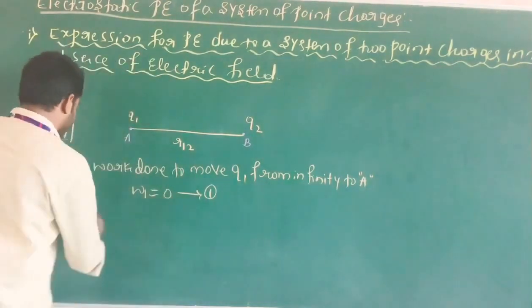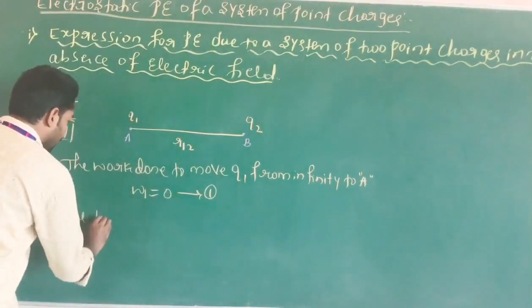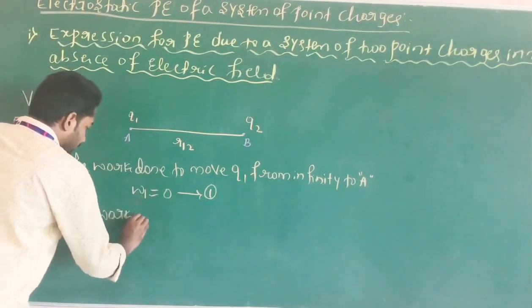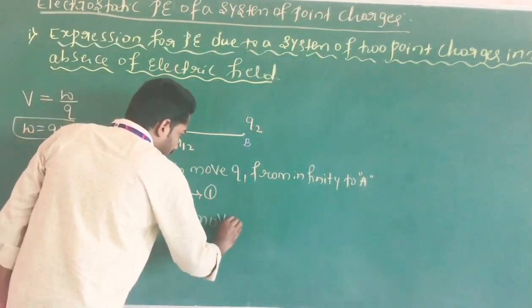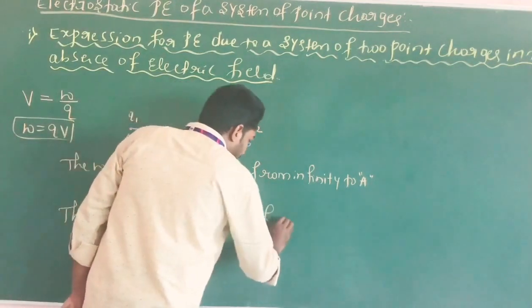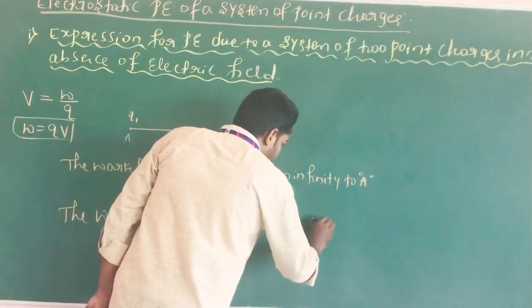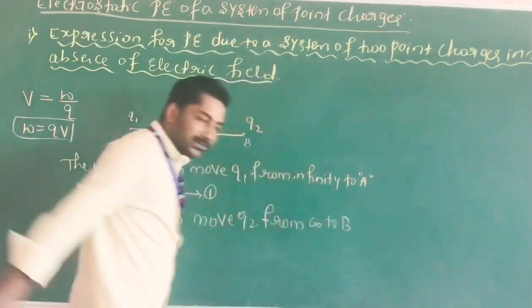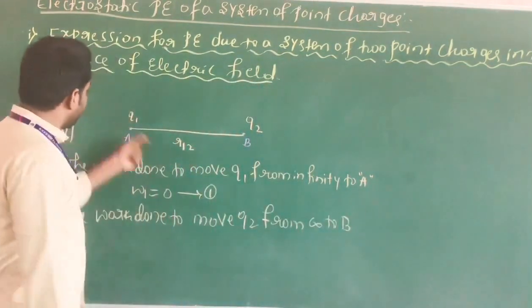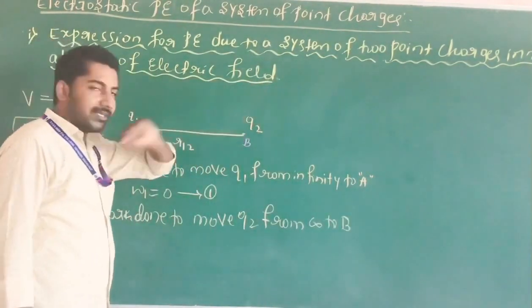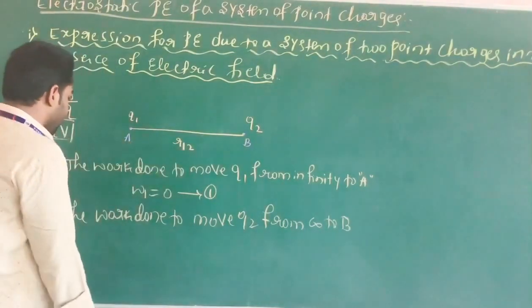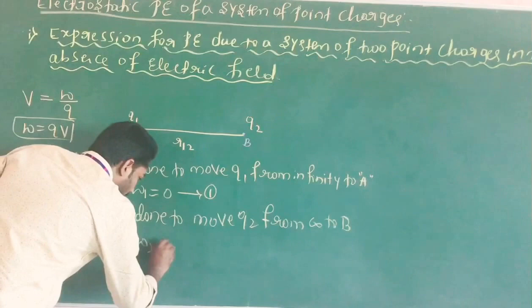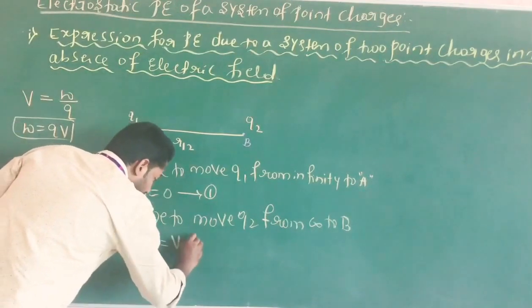In the second case, the work done to move Q2 from infinity to B. The amount of work done to move Q2 from infinity to B, that is, the work done W2, is equal to V1 into Q2.